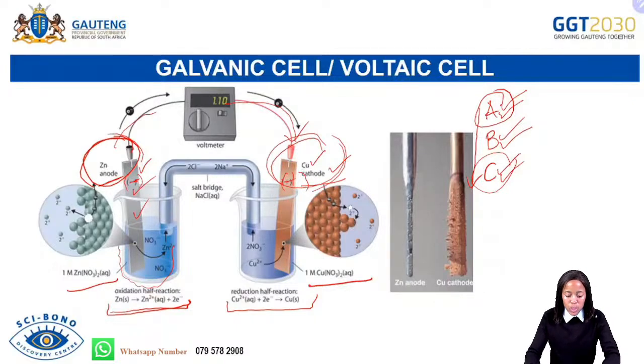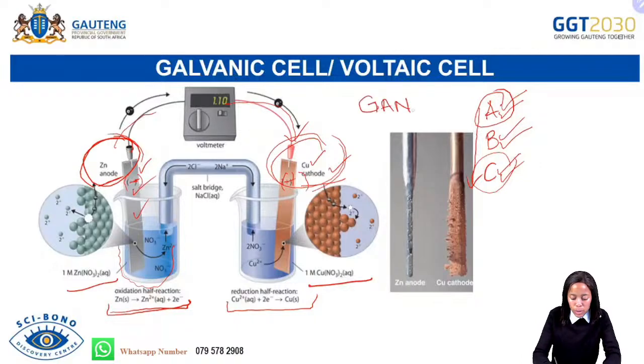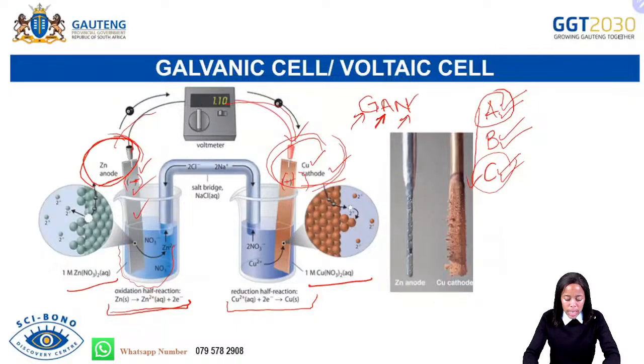So when it comes to a galvanic cell, we can use the word GAN. G represents the galvanic cell, A represents the anode, and N says the anode is negative.